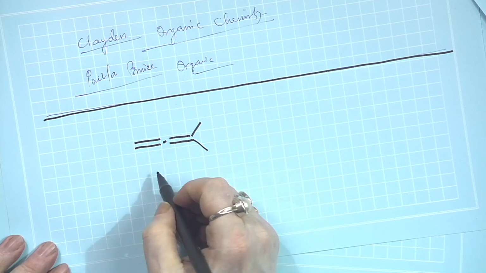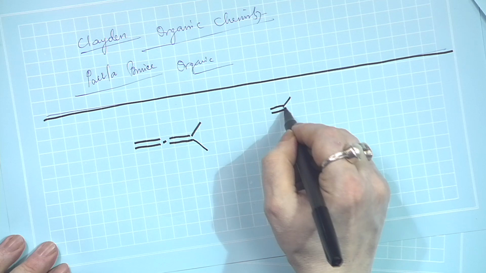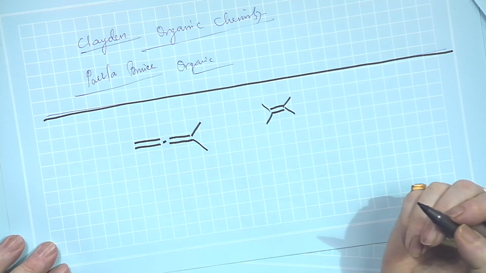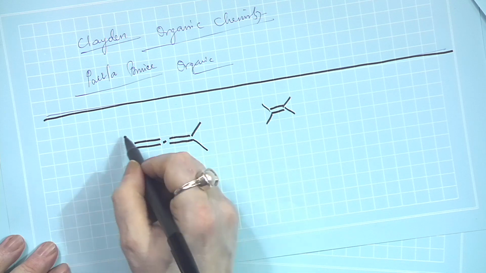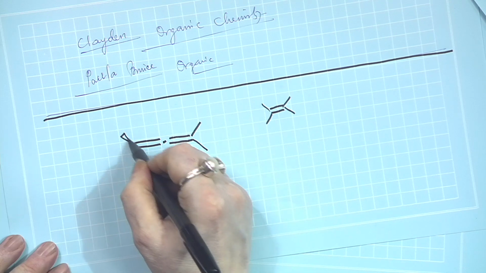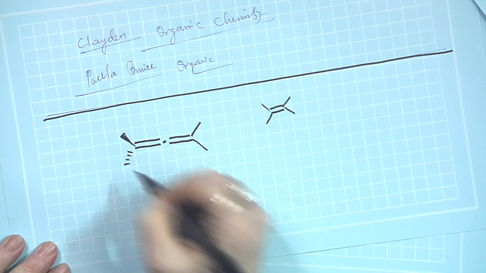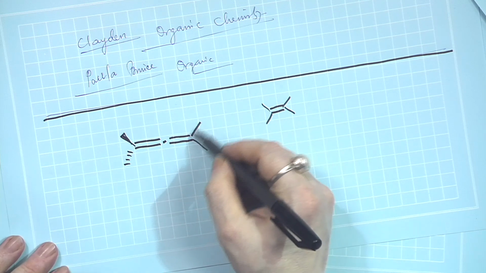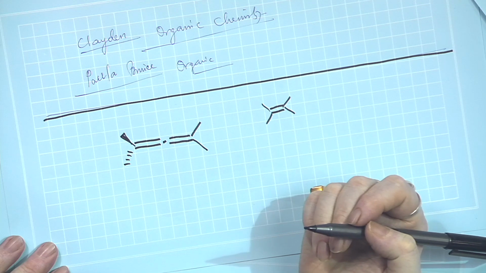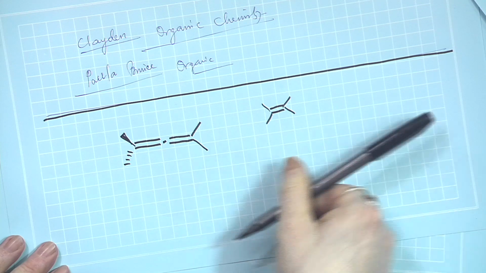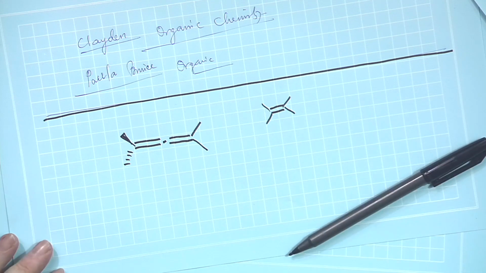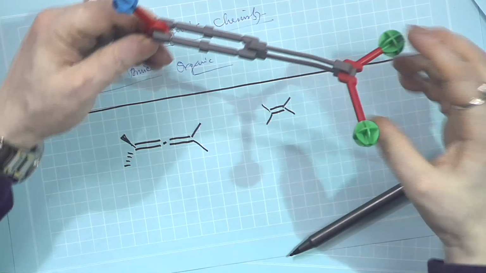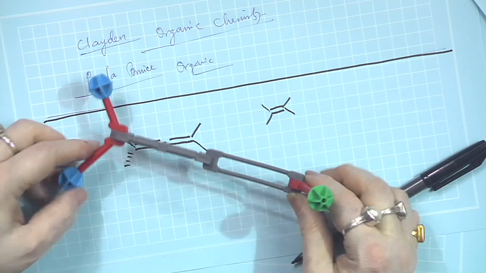Interesting thing is that unlike ethylene, where all the bonds are in the plane, when you put another double bond like in allene, now these two bonds will occupy a plane which is perpendicular to the plane occupied by these bonds. Okay. Now, I can show you the allene in the model. Yes, I think that is the allene system. Let us see.